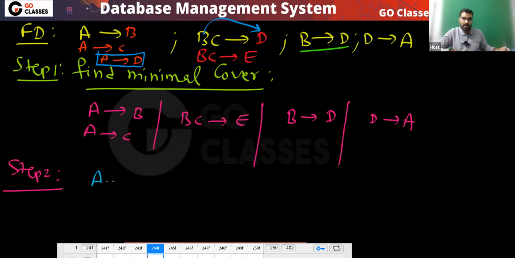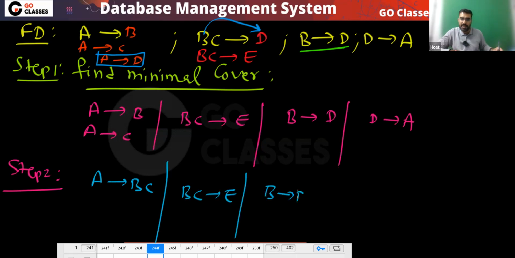Step two is you can merge the same LHS. If you have the same LHS, you can merge them. What is your step three?